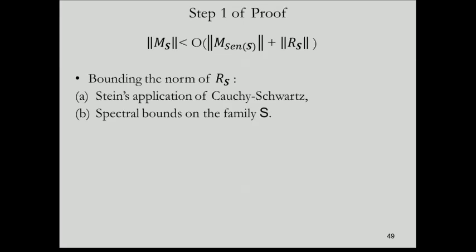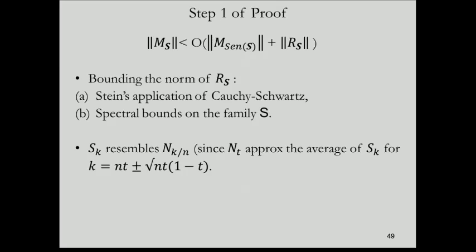In the first step, most of the work comes in bounding this error term, which uses some Cauchy-Schwarz, the same Cauchy-Schwarz that Stein had used in his proof, and some interesting thing that we didn't know before, some spectral bounds on the family of the sphere operators.